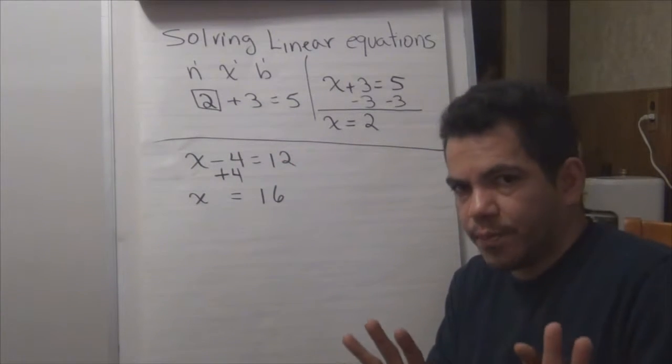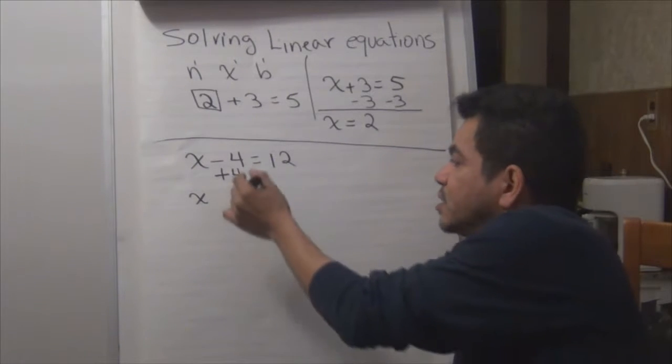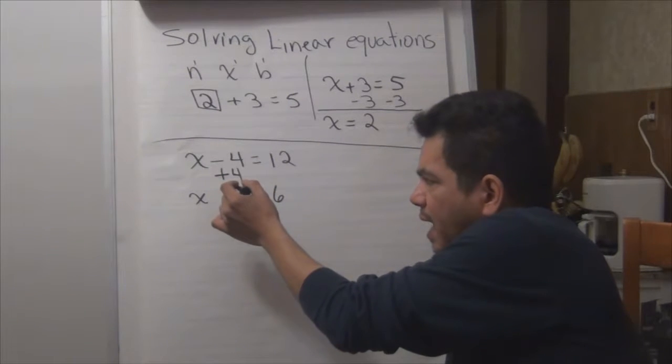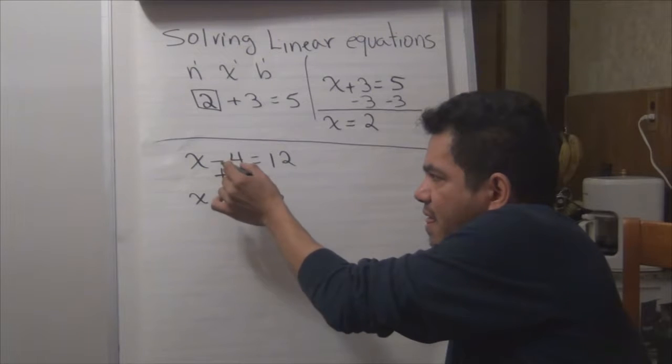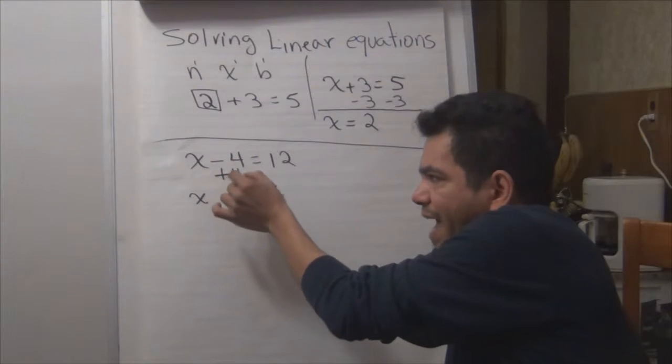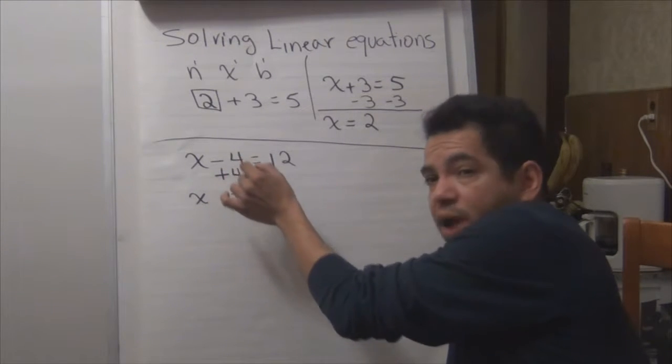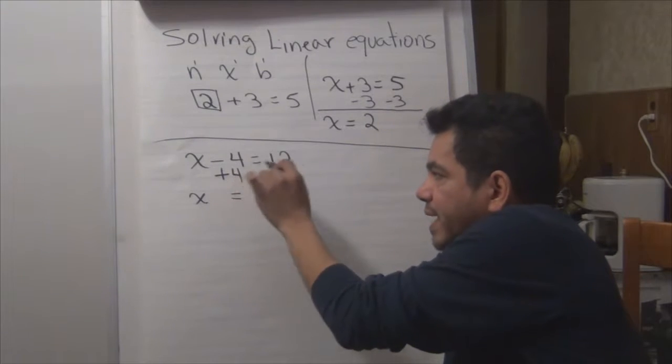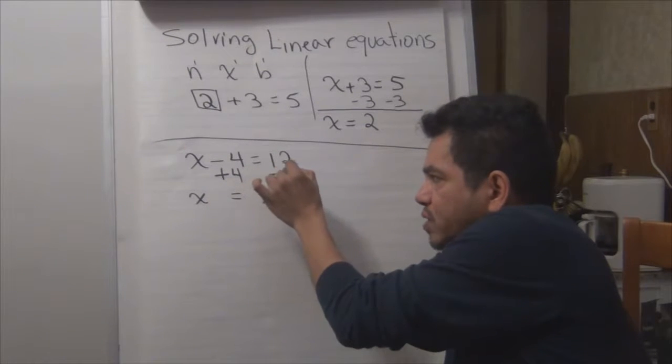Okay, don't panic. This is the beginning. So we have a subtraction by 4. So we're going to add 4. We're going to undo the subtraction. But what you do to one side, you always do to the other.